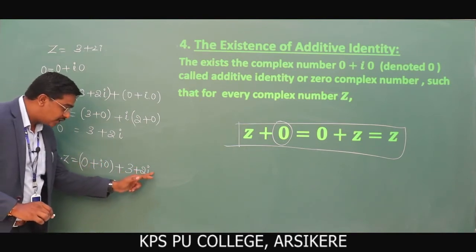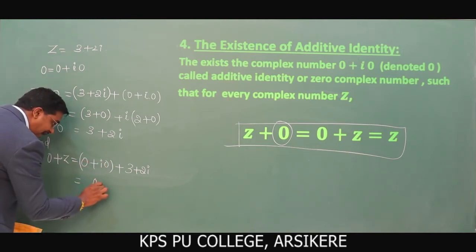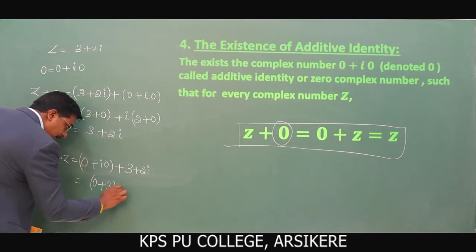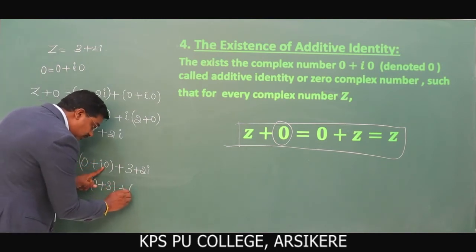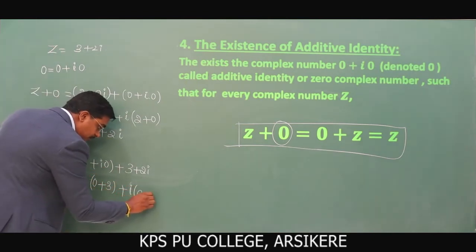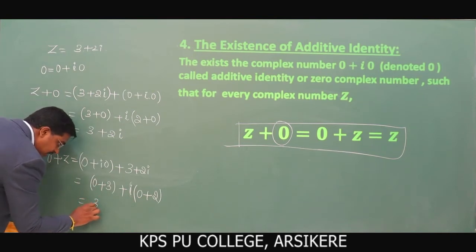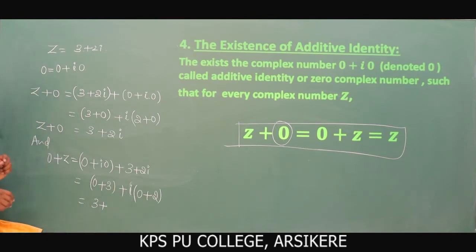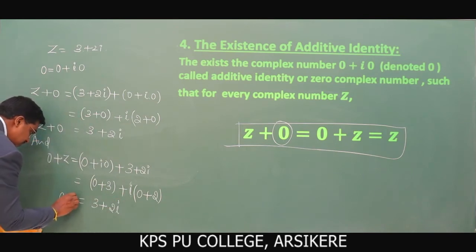Here also 2 into i or i into 2, both are same. 0 plus 3 is the real part, plus the imaginary part is 0 plus 2, i times of the imaginary part. So the sum of these two becomes 3 plus, again 0 plus 2 is 2, 2 into i. It is 0 plus z.